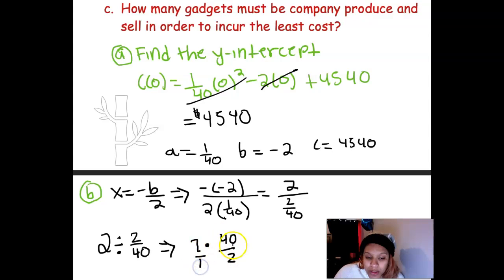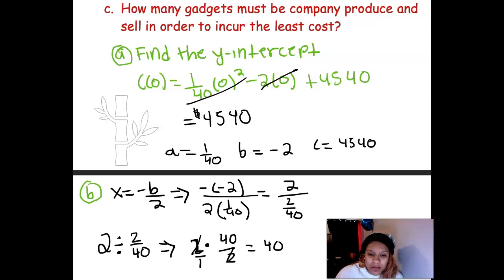Now this is just a multiplication. If you remember, you can simplify this. This is a weird looking 2. It looks like a Z, but you said 2. These 2's will cancel, and that will leave you with 40. Or you can say 2 times 40 is 80 divided by 2, still 40. All right? So that's the x part of the vertex.